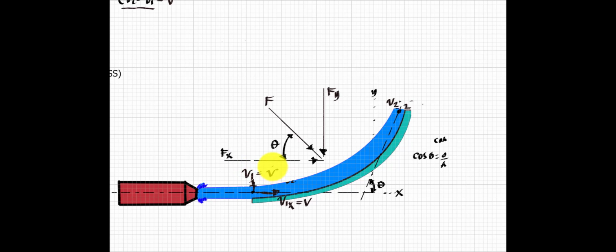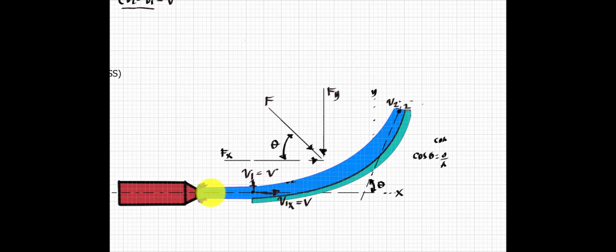Okay, now drawing out the components. So this jet was in line with your x-axis. We can consider that we have only the x component, where the x component of the velocity at point 1 is also equal to the velocity of the jet.